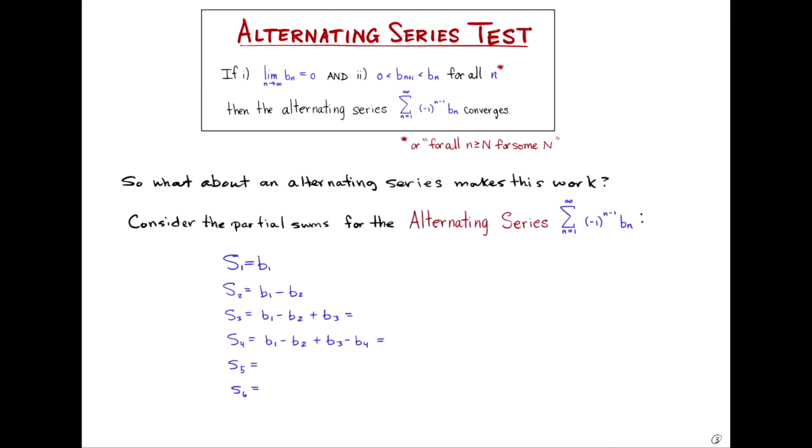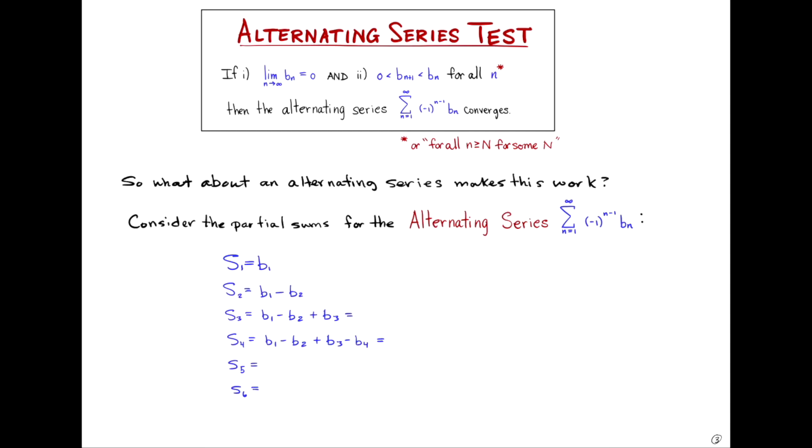The alternating series test tells us that if the limit as n approaches infinity of b sub n is equal to 0, and 0 is less than b sub n plus 1, less than b sub n for all n, and really all that means, it's math speak for saying the size of the terms of our series are decreasing.